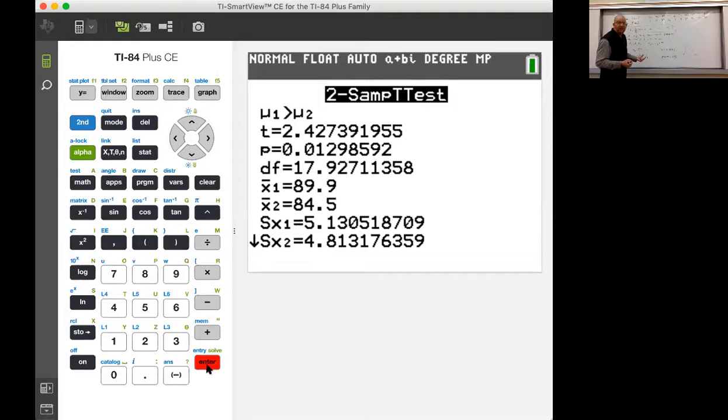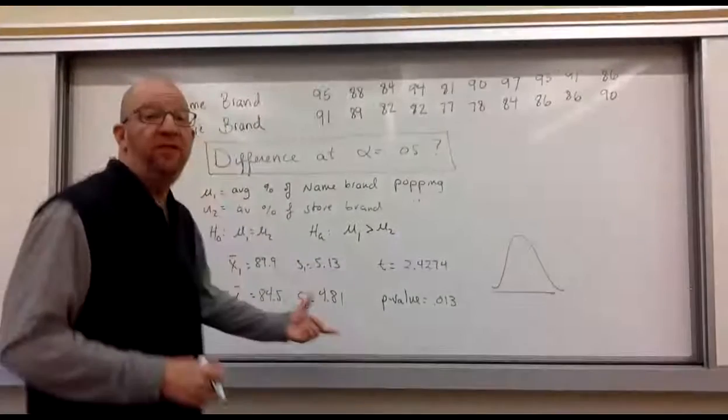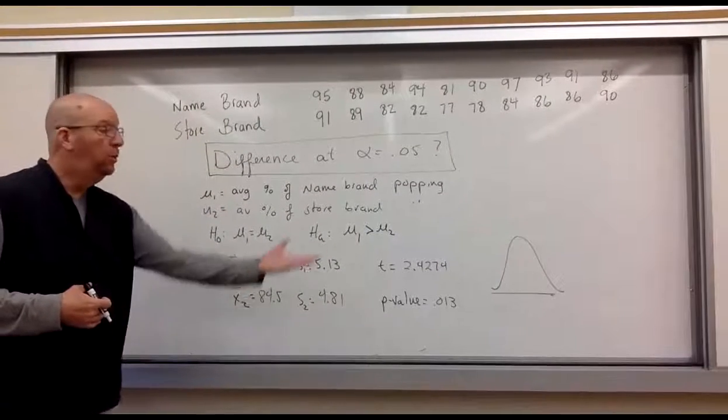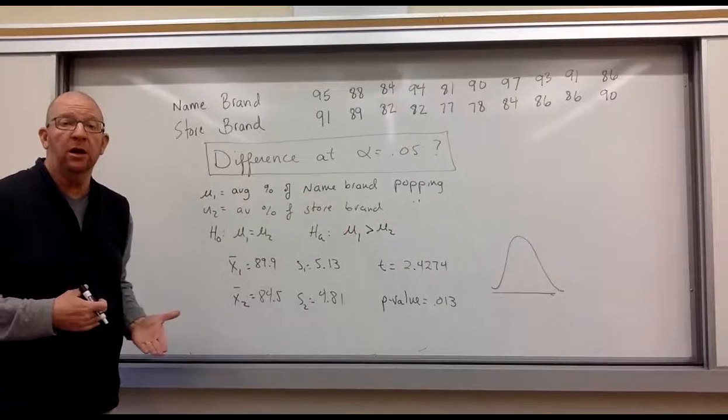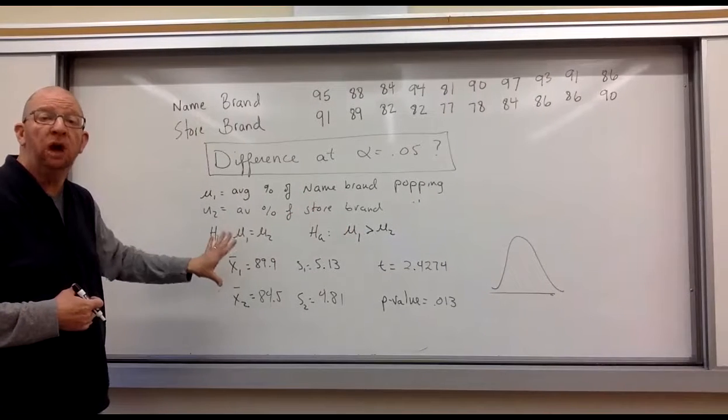Then we have our standard deviations of 5.13 for the name brand, a little bit bigger, and 4.81. Okay, now, that's basically it. Once we have this information, we're going to color in our curve and make our conclusion. But this is what you need to show.